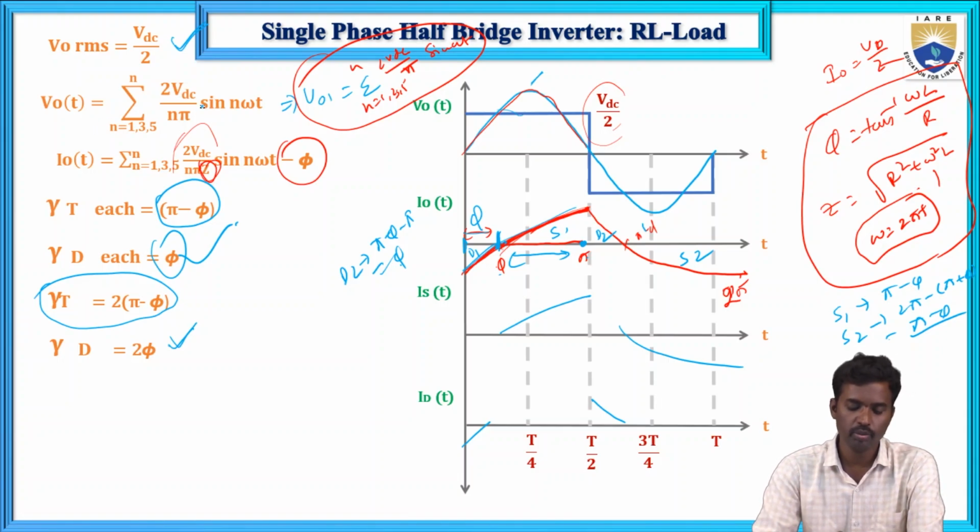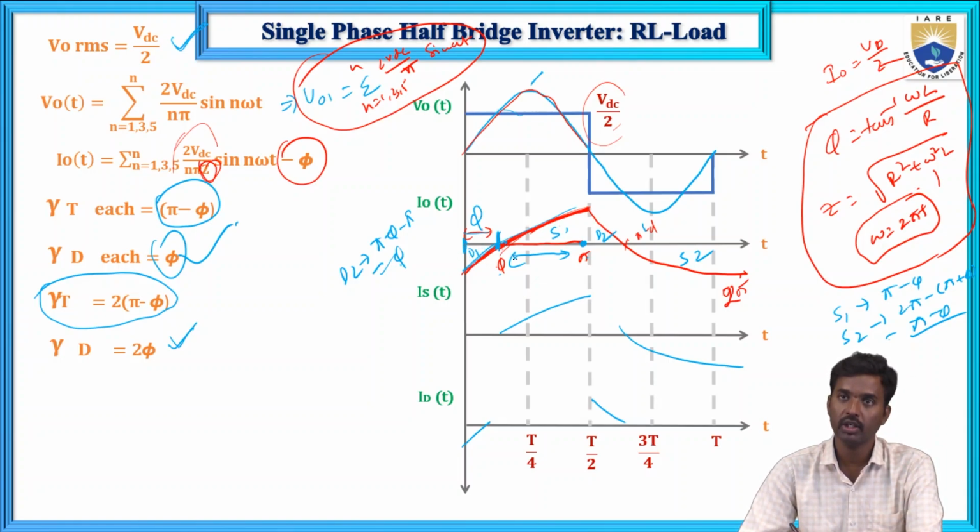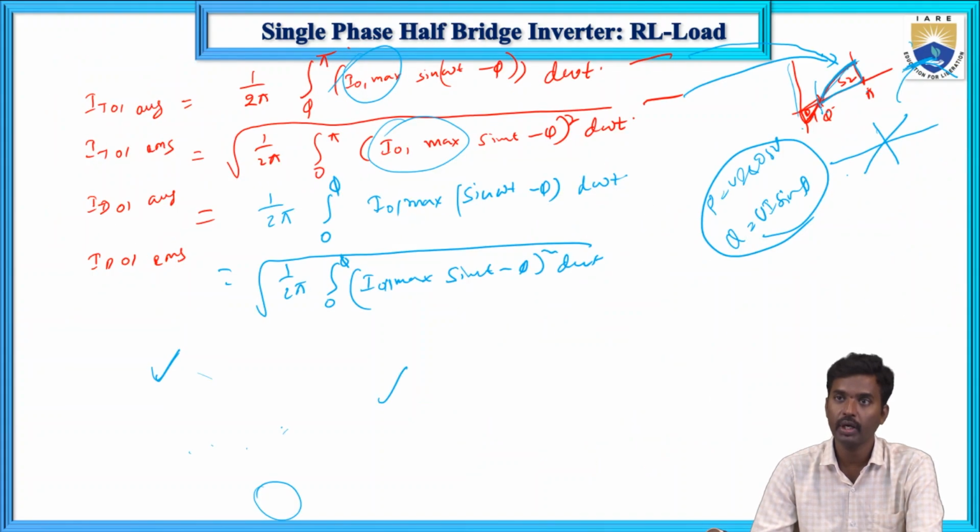So now here we have the output voltage Fourier series equation, output current Fourier series equation, each diode and each thyristor conduction time, and total thyristor and total diode conduction time. And next, in which duration D1 thyristor will conduct from 0 to phi, and S1 thyristor will conduct from phi to pi, and D2 thyristor will conduct from pi to pi plus phi, and S2 thyristor will conduct from pi plus phi to 2 pi.